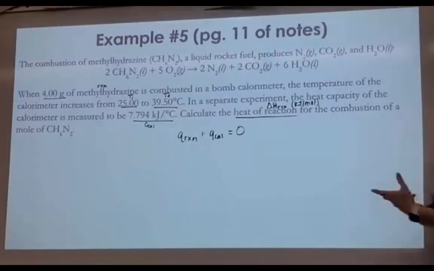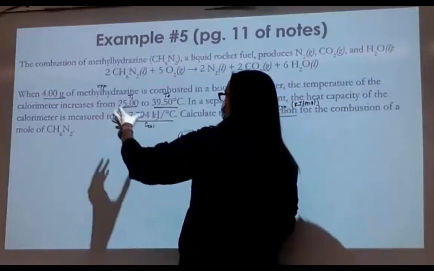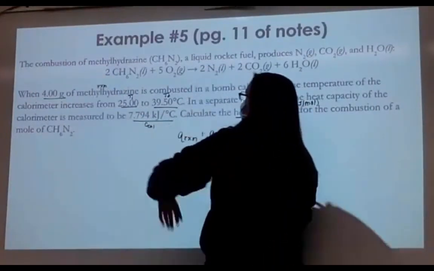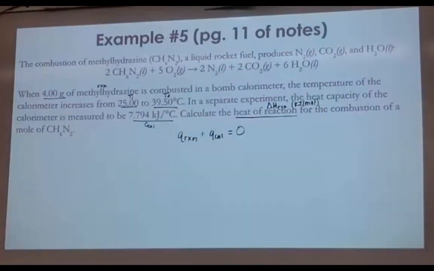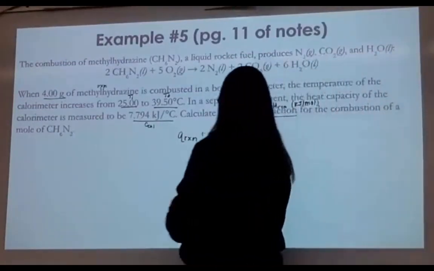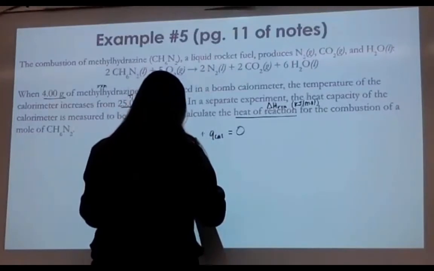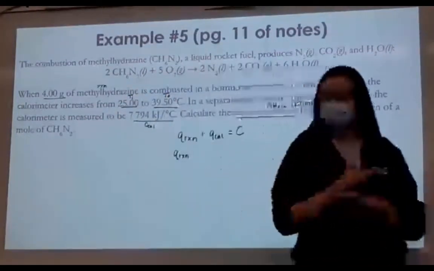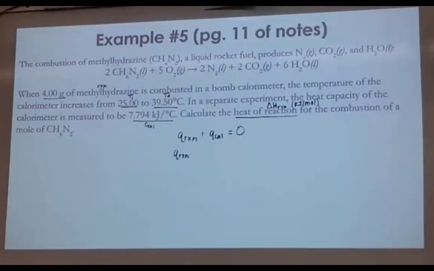So the first law of thermodynamics just says the heat that is produced by the reaction plus the heat from the calorimeter add up to equal 0. There are no other systems in this calorimeter. Now I'm solving for heat of reaction, so I'm leaving Q reaction alone.